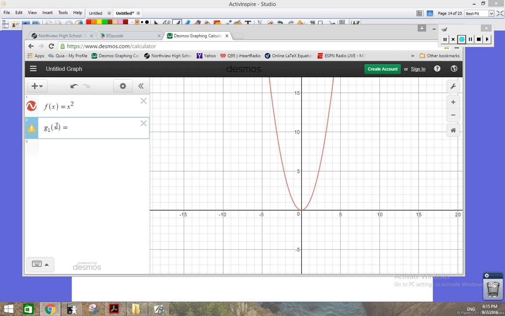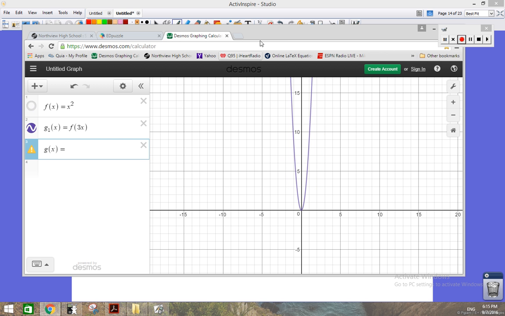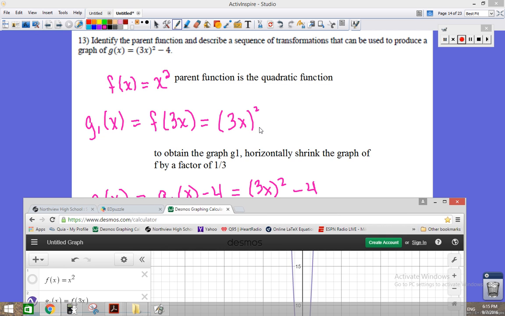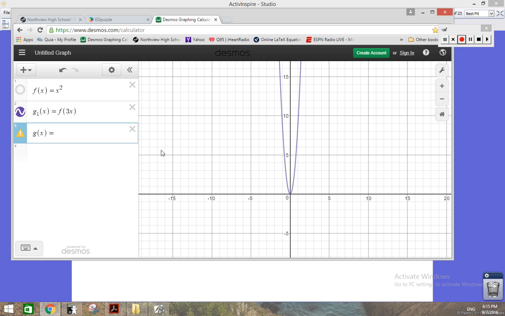So you can see that the blue graph opens more narrow than the red. And now for my final answer, it uses the graph above there, the one that's in blue, and what does it do? It moves it down 4 units.